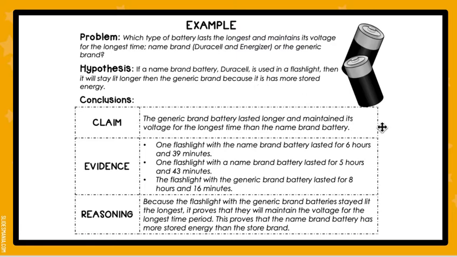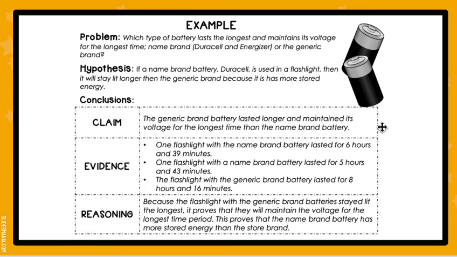In the conclusion, claim: the generic brand battery lasts longer and maintains its voltage for the longest time than the name brand battery. Notice in the claim, it's not an explanation. It's a very direct answer stating what you have tested and what your result is.